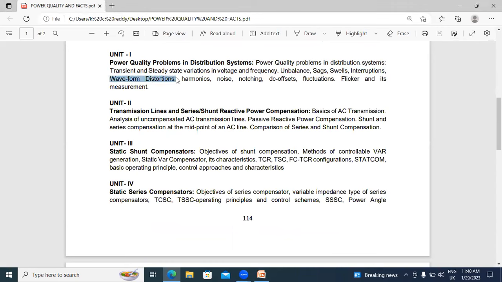Next, waveform distortions. Waveform distortions include harmonics, noise, notching, DC offsets, fluctuations, flicker, and its measurement. Here there are 6 waveform distortions: harmonics, noise, notching, DC offset, and fluctuations and flickers. These are related to waveform distortion, and those 4 are related to unbalance and sags. These are our power quality problems in distribution system.